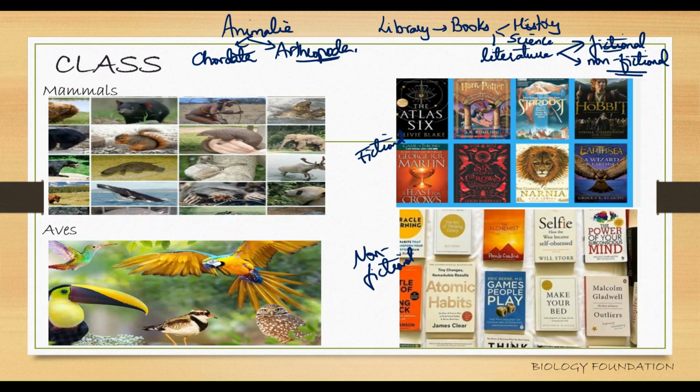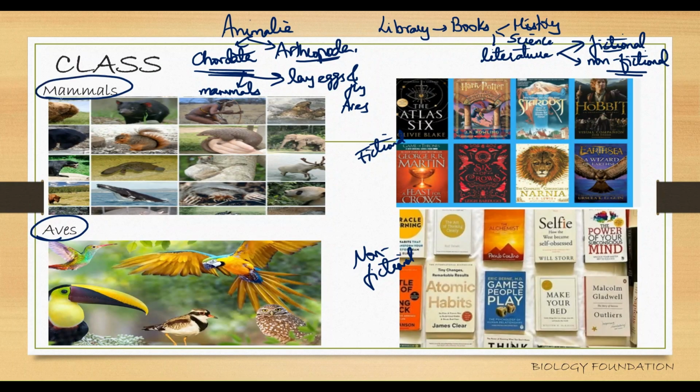Now, the organisms which have a notochord again can be classified based on whether they give birth directly to young ones, they are called mammals, or those that lay eggs and fly, they are kept under Aves. Aves are those animals which lay eggs and they can fly. Mammals are those that give birth directly to young ones. In Chordata only, again the organisms are classified into two different classes, mammals and Aves.